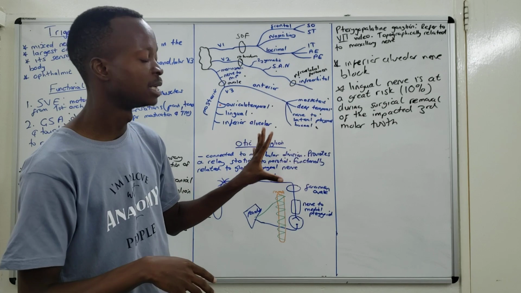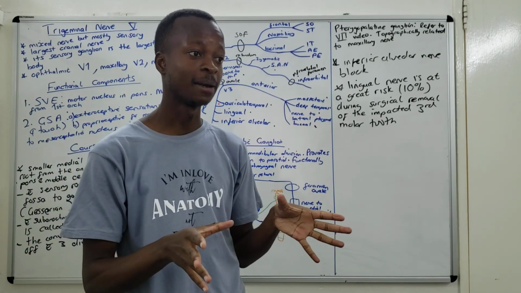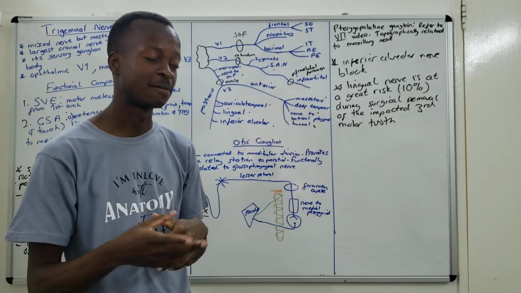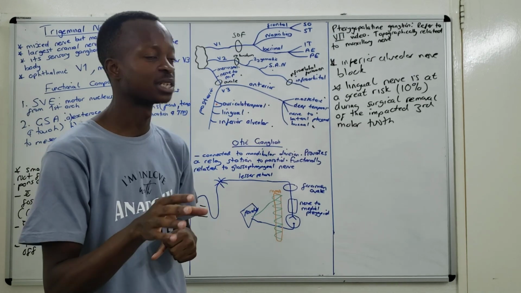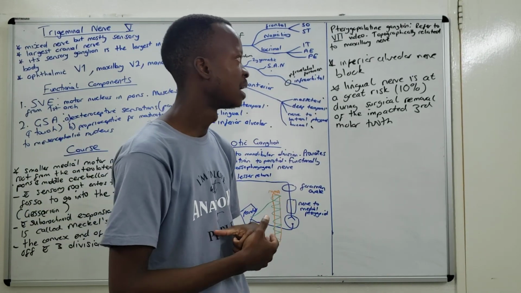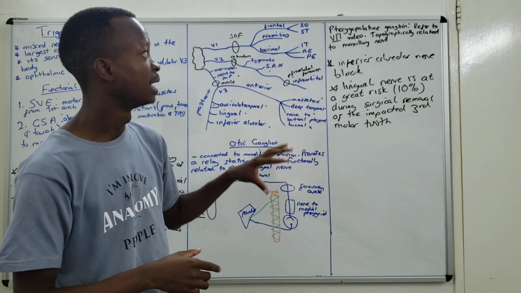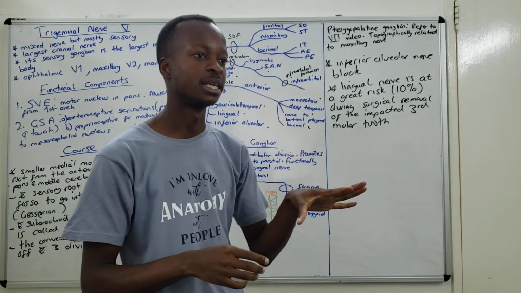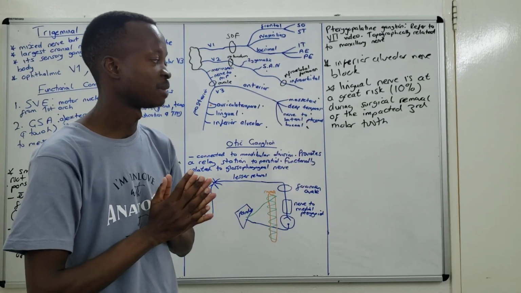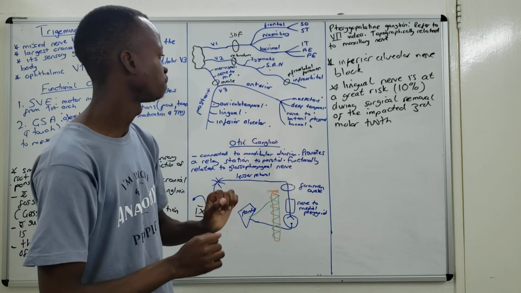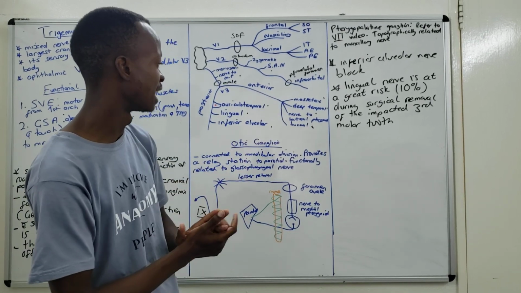Then if you look at the divisions of your trigeminal nerve, these are going to be topographically related to ganglia within the parasympathetic nervous system, but functionally those ganglia are related to other cranial nerves, meaning to say the trigeminal nerve on its own doesn't carry any parasympathetic nerve fibers. Right? So we have the otic ganglion.